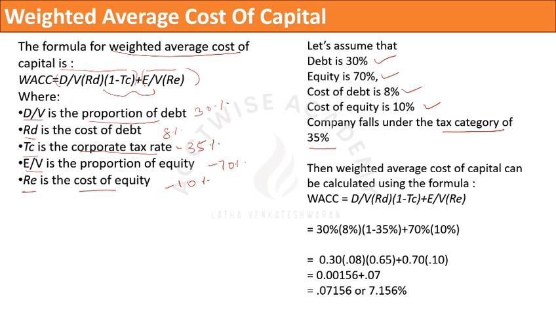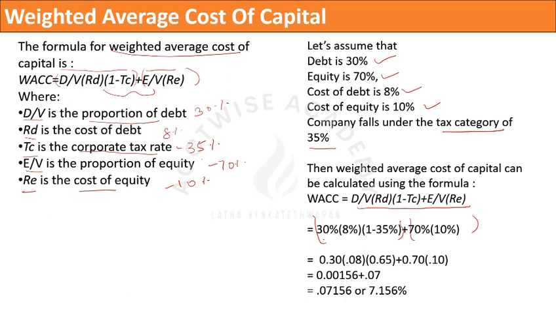Now we are going to take all these numbers and substitute in this formula. So what is D/V? It is 30%. RD is 8%. 1 minus TC is 1 minus 35%. Plus, this will be calculated separately and this will be calculated separately.